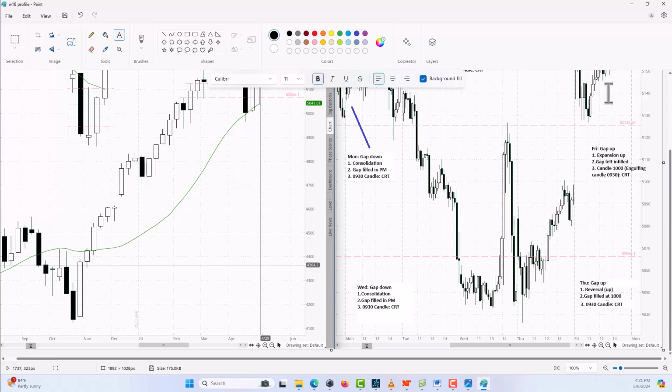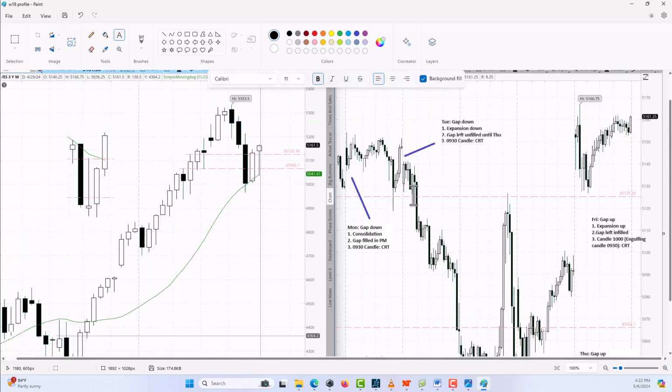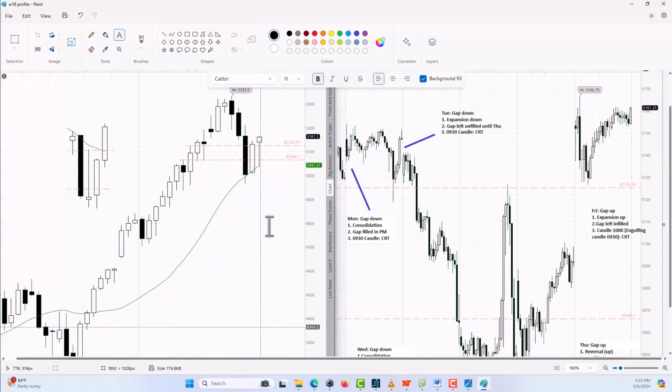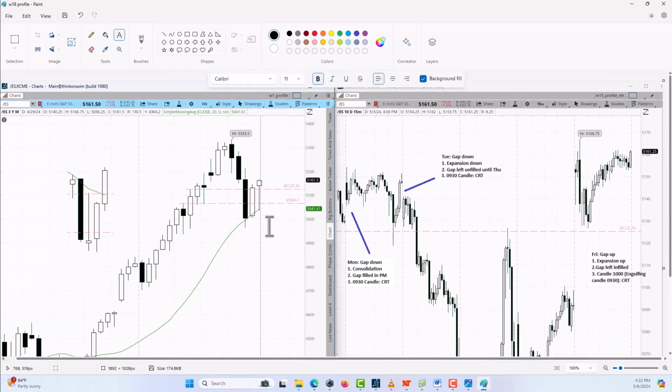And today we have a gap up on Monday. So if there is a reversal on Tuesday or Wednesday, it's going to be huge. It goes down to fill the gap up for today and the gap up for Friday also. So that's the weekly profile we have right there.